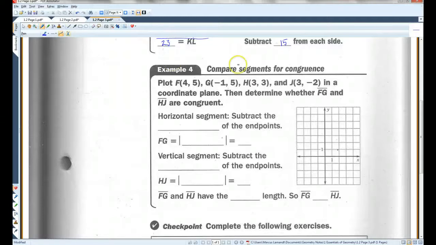Example 4. Plot these 4 points in the coordinate plane. So let's do that first. Let's see here. 4, 5 would be 1, 2, 3, 4, then 1, 2, 3, 4, 5. That'd be here. This is point F. G is negative 1, 5.